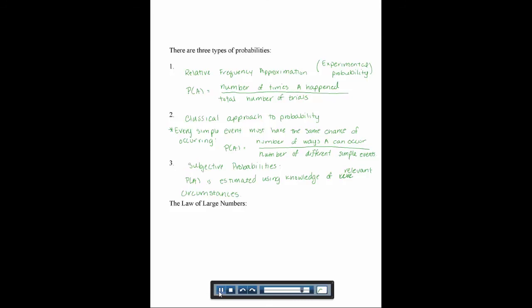Okay. Now, when we talk about the relative frequency approximation, or the experimental probability, we have something called the law of large numbers.